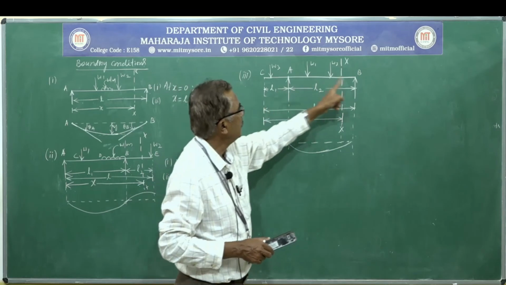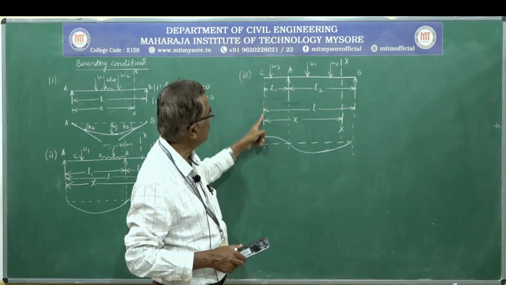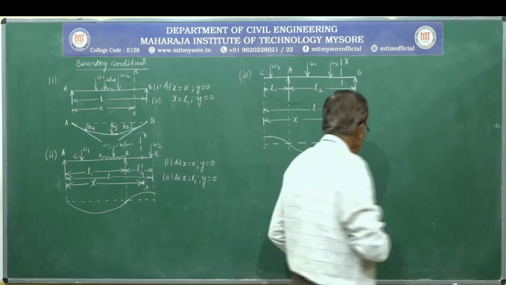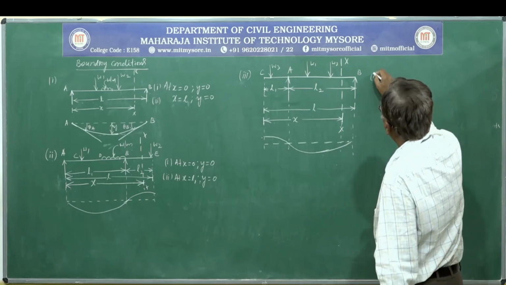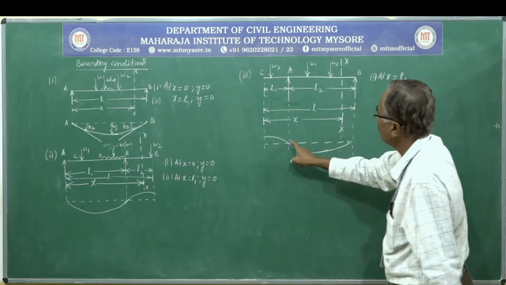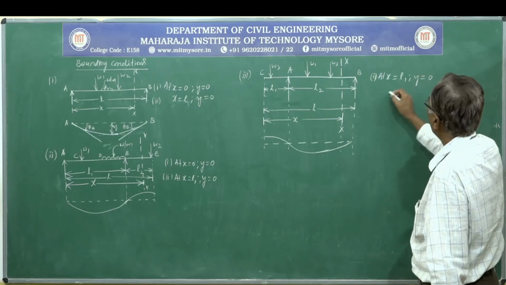Then we have to measure origin from here, x is equal to L1 plus L2, then y is equal to 0. So, the boundary condition to be used here is number 1, at x is equal to L1 at the support, y is equal to 0.